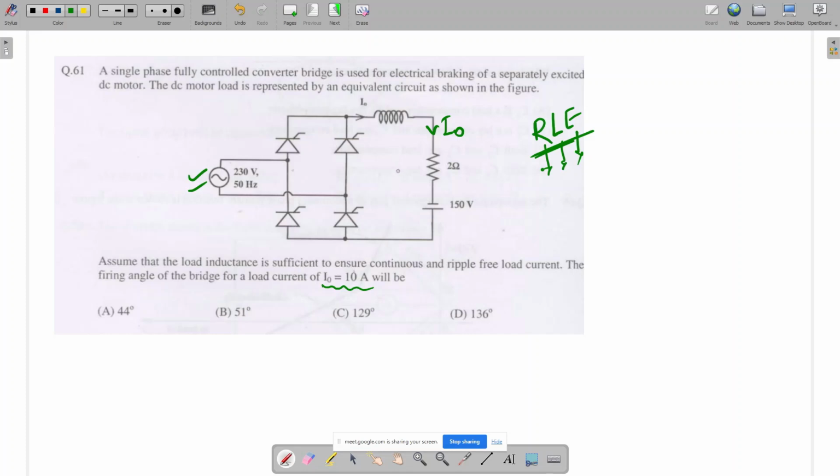Braking means the motor will supply current back to the source. Let's say I am assuming this as the output voltage, VO.